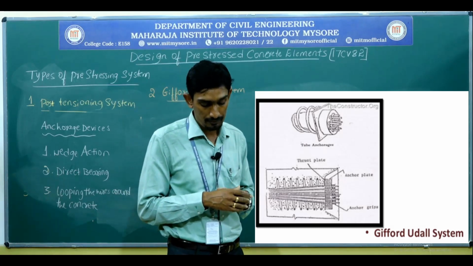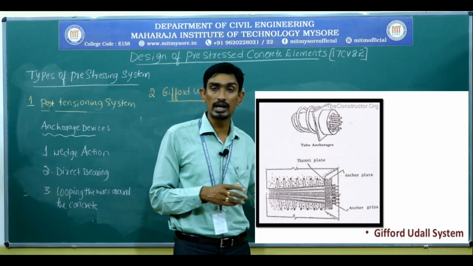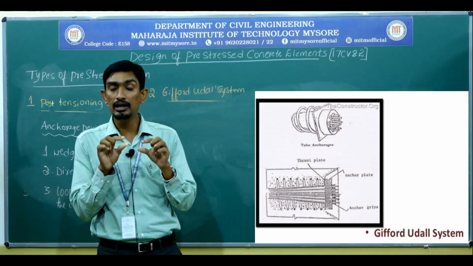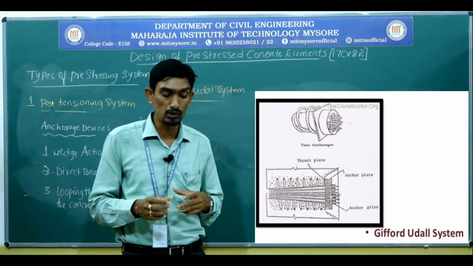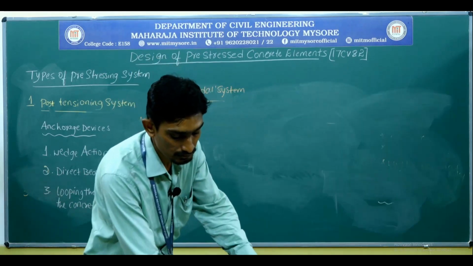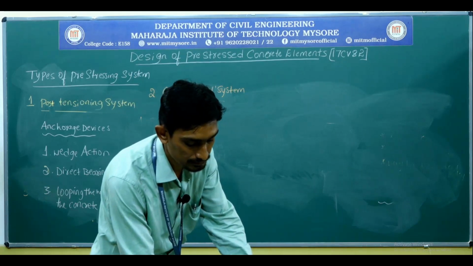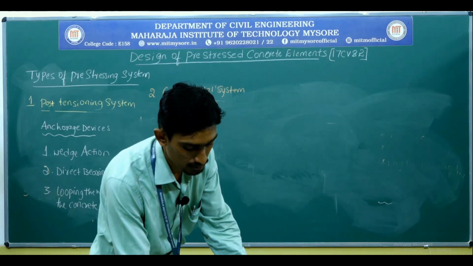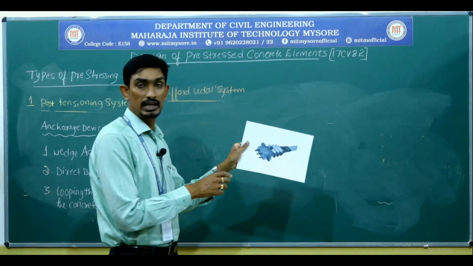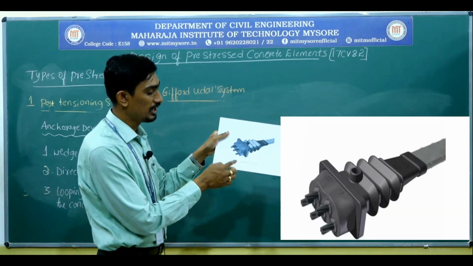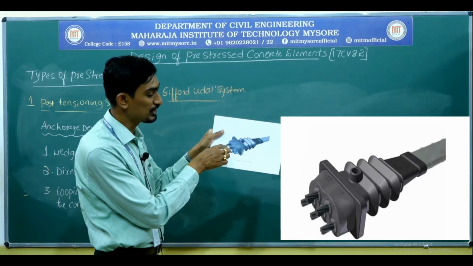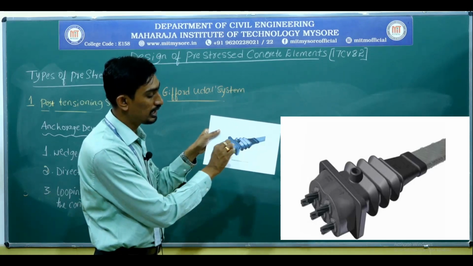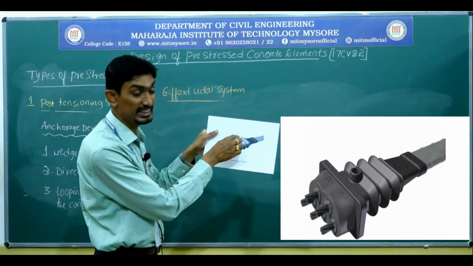And all those wires, as I stated, will be embedded inside the metal sheet. I will show you what that metal sheet is. You can see here, this figure clearly shows the high tensile wire or tendon which will be inserted, so that entire thing you cannot see here.